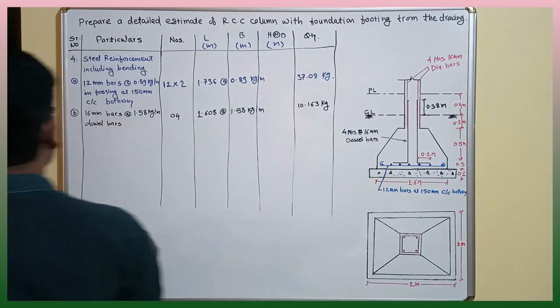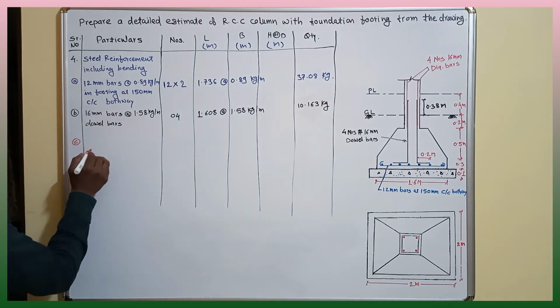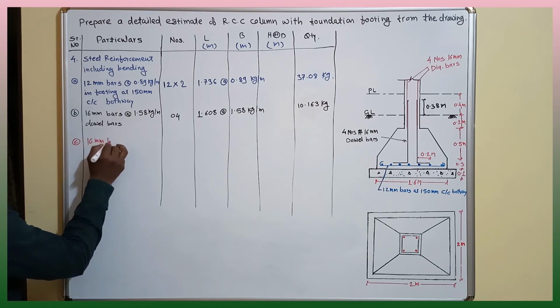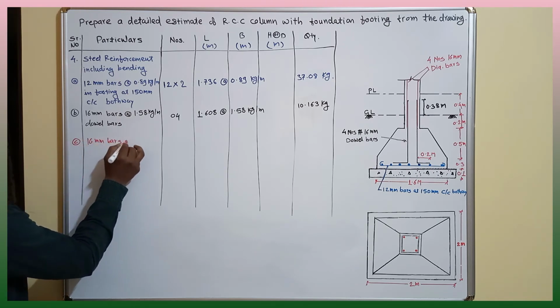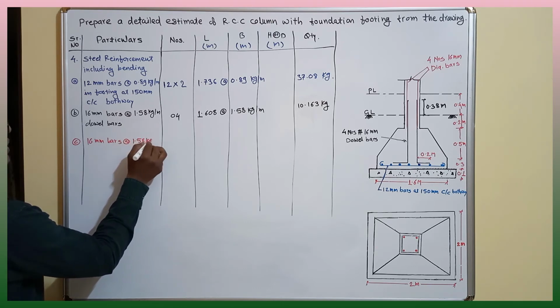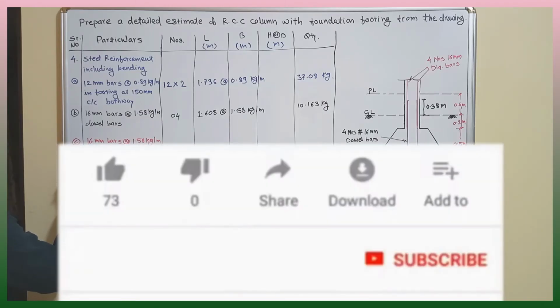Now we have to calculate the quantity in column, that is 4 numbers, 16 mm diameter bars, that is vertical bars. So I will write here 16 mm bars at weight 1.58 kg per meter in column.